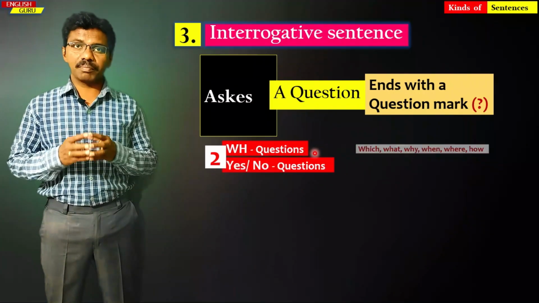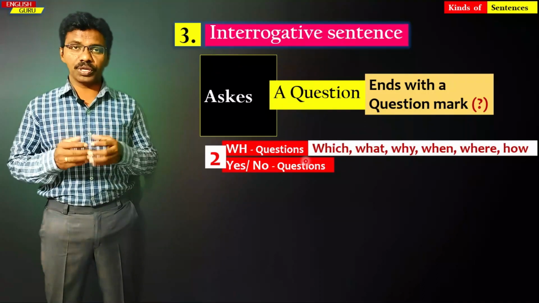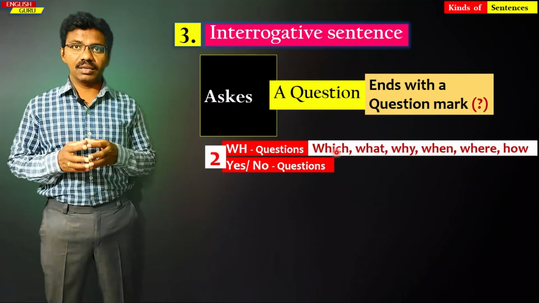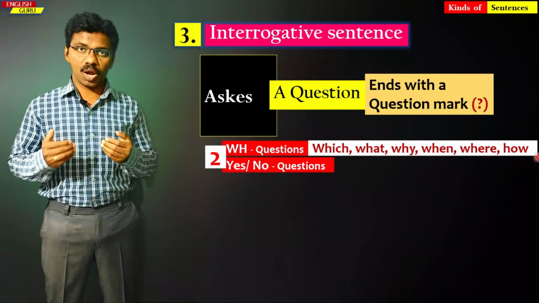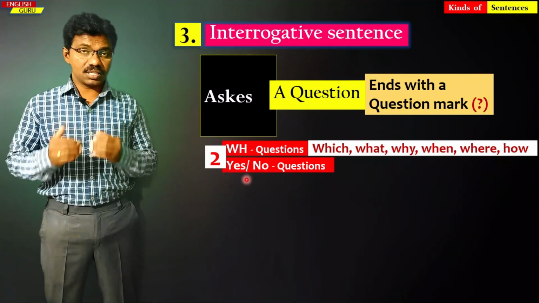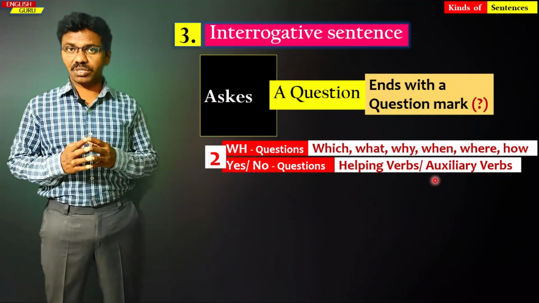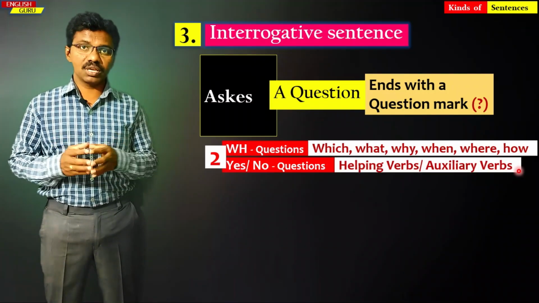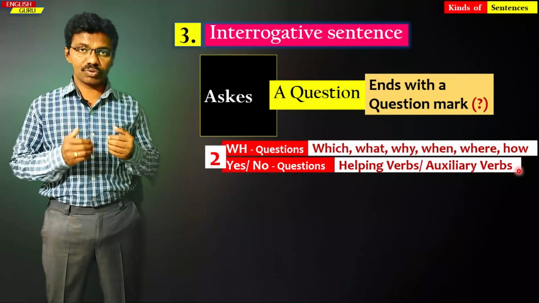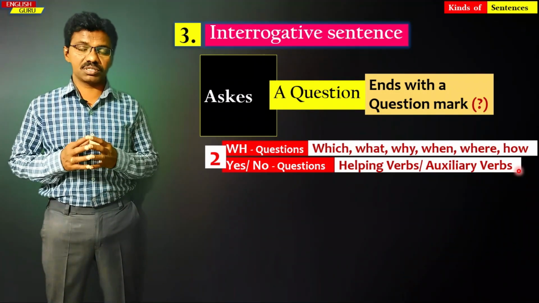WH questions are made or written or spoken with the WH words like which, what, why, when, where, how, etc. Whereas yes or no questions are made with the help of helping verbs, or we call them auxiliary verbs. With the help of them we make those questions.